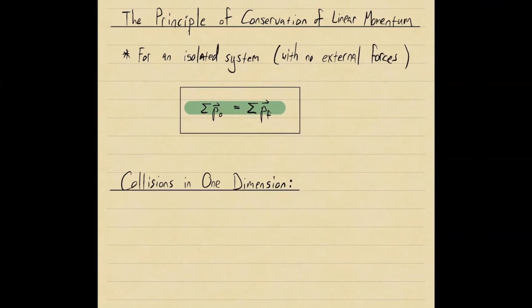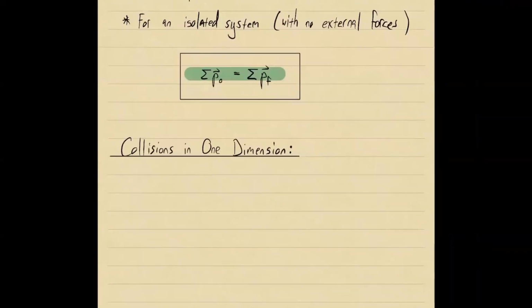So in general, there are two types of collisions that we care about. There's elastic collisions and inelastic collisions. So there are two, let me call these ideal types of collisions.